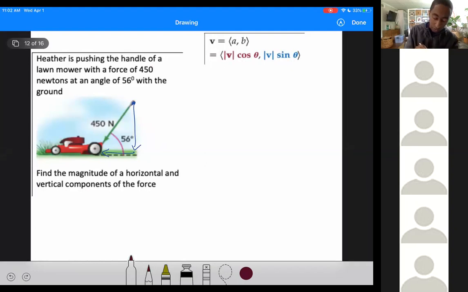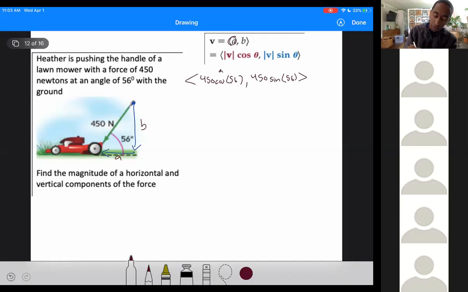And this is, no, this is A, I'm sorry, and this is B, right? So to find A, magnitude, which is 450, times cosine of 56, which is the angle, comma, magnitude, which is 450, times sine of the angle, which is 56.